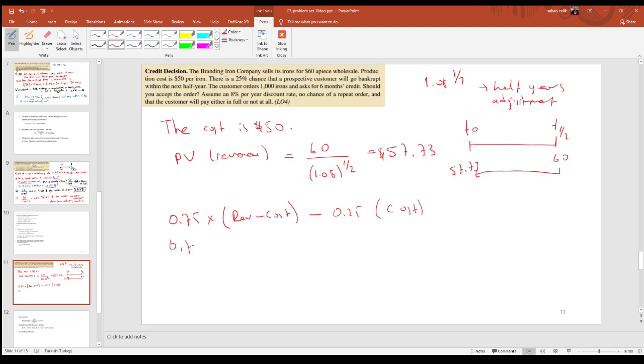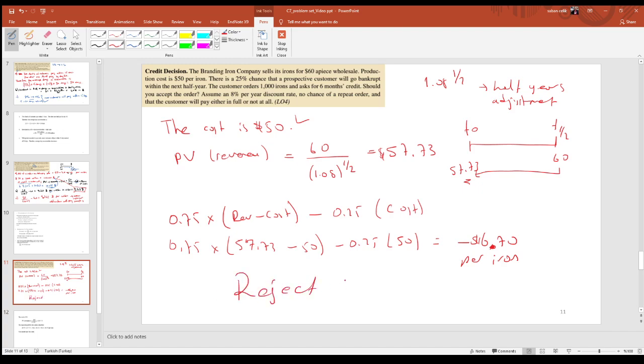So 75% times revenue, which was 57.73 here, minus cost of $50, which occurs at T0, minus 25% times your 50 cost. This result will be negative $6.70 per iron, which is negative, so you should reject the order.